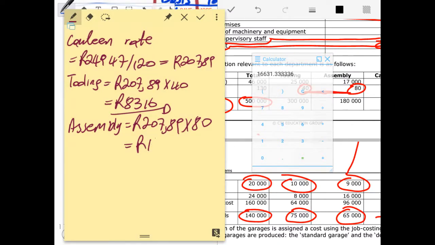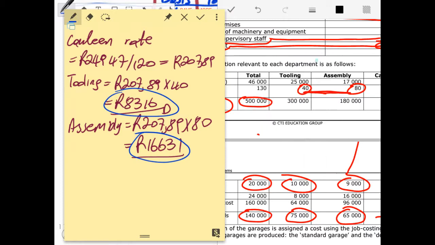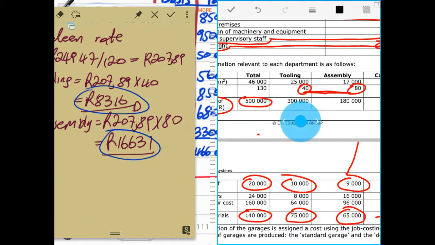It gives us 16,631. So 16,631 will be allocated to the assembly department, and 8,316 will be allocated to the tooling department.